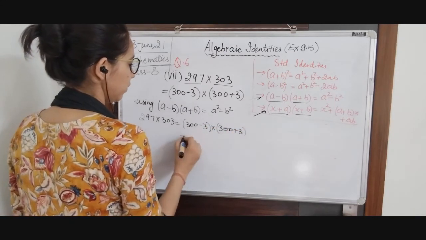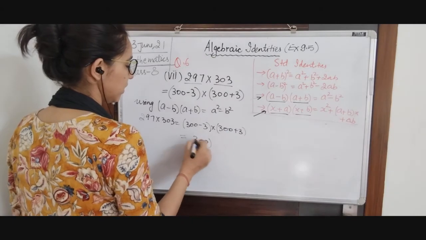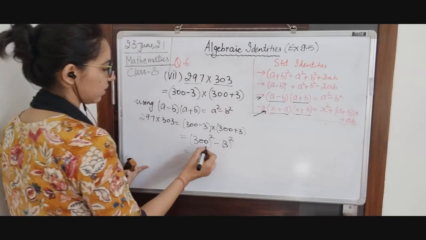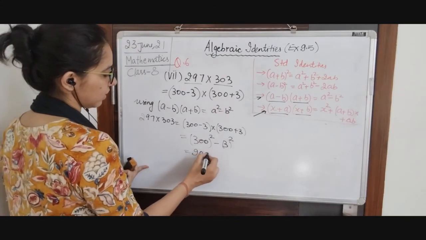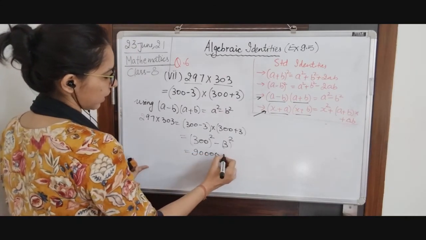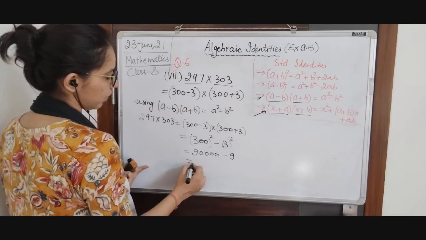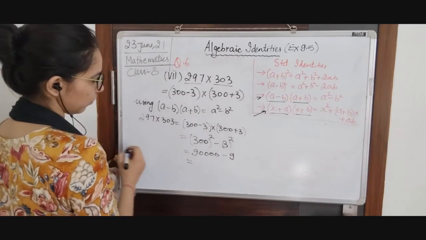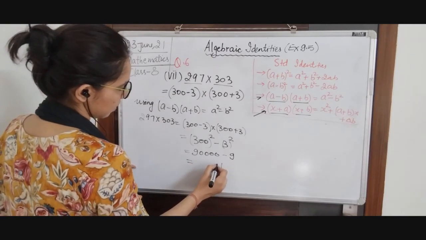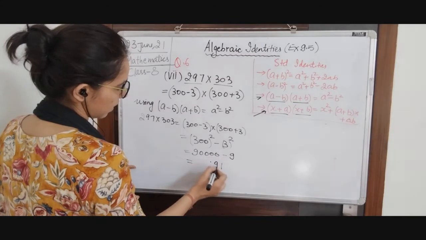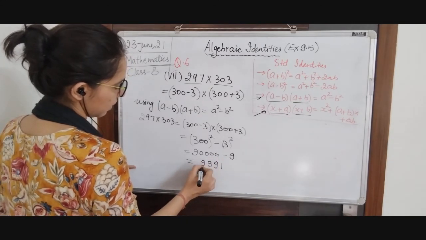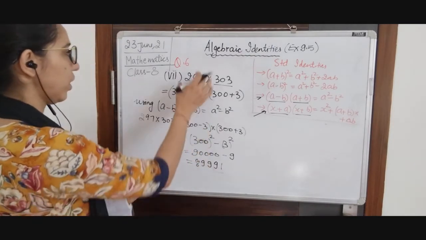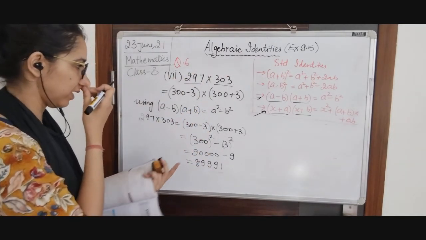It will be a square minus b square. So 300 square will be 90,000 minus 9, which is 89,991. So this is the product of these numbers, simplified.